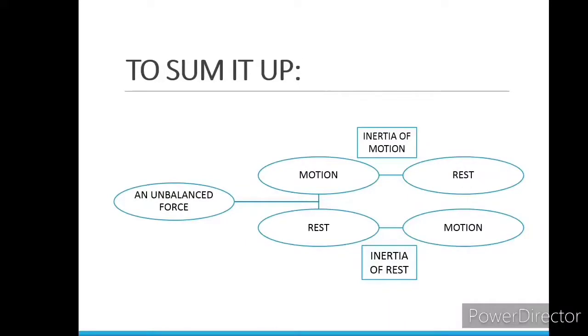And then we came to Newton's first law of motion. We understood the three scenarios associated with Newton's first law, and also we learned why it happens like that. We learned that it happens so because of a property of objects known as inertia, which resists that change in state of motion, rest, or even direction.